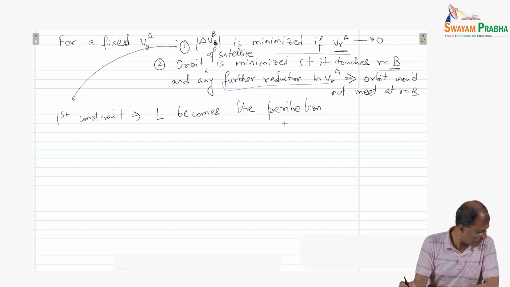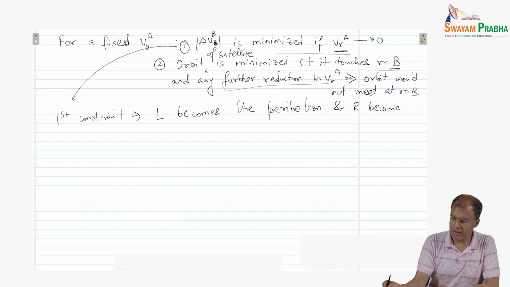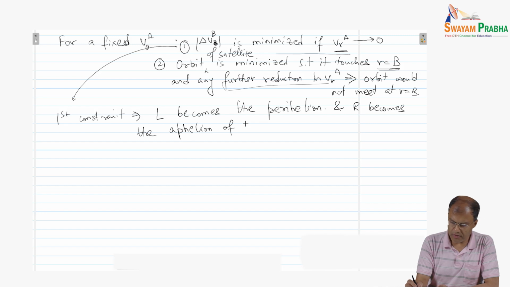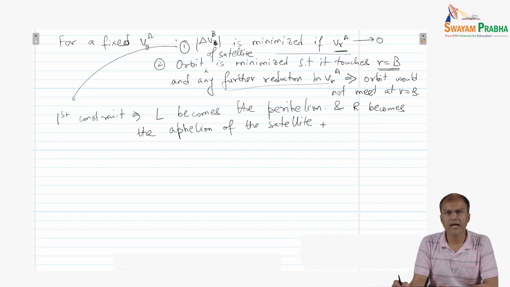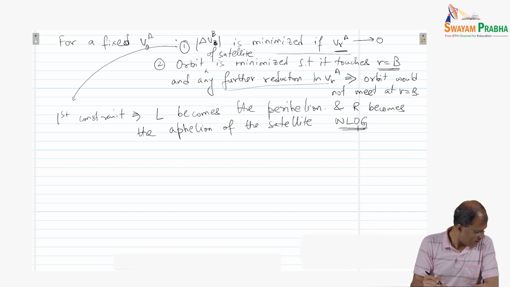So L becomes the perihelion, and R becomes the aphelion of the satellite, and that is the optimal case in terms of the orbit of the satellite. So this is without loss of generality. Okay. So that is the first constraint.